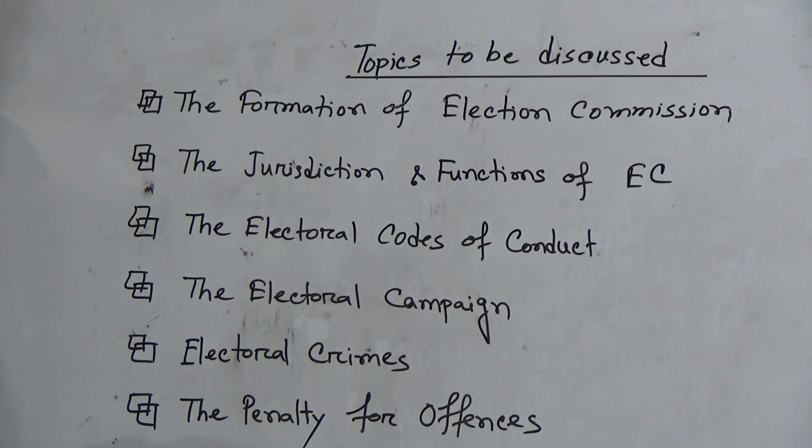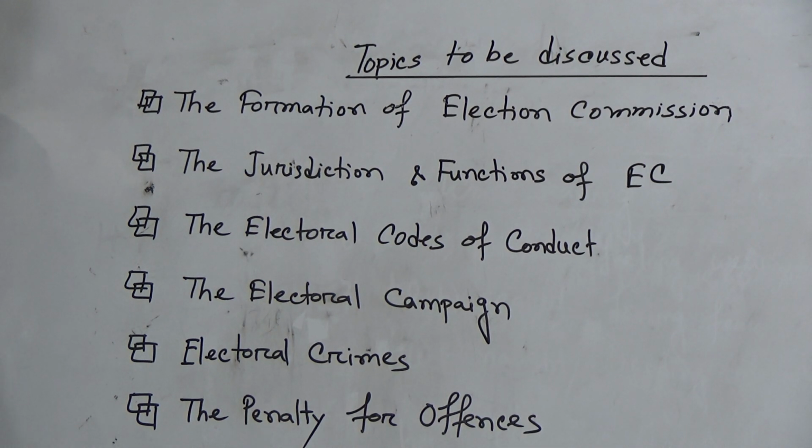Number 2, no mass meeting causing impediment to public passage on any road or highway shall be called or held without the permission of the competent authority. Number 3, if someone impedes the meeting or procession, the complaint has to be made before the police agency.